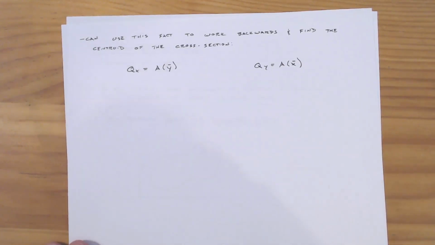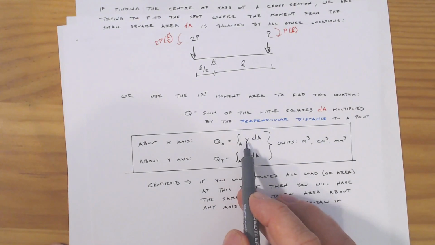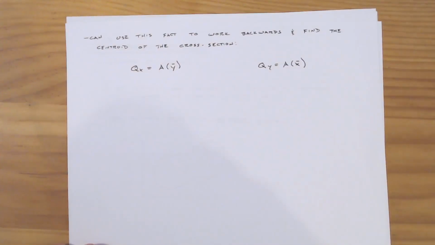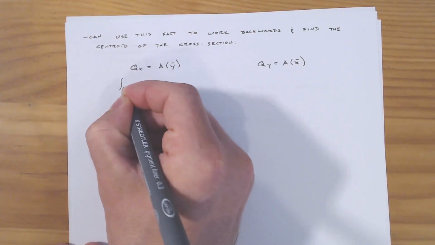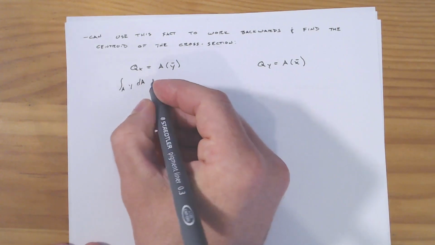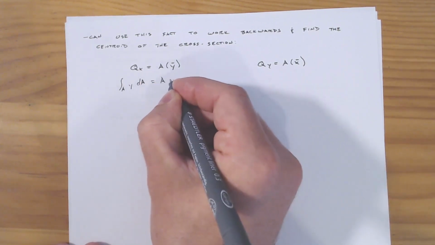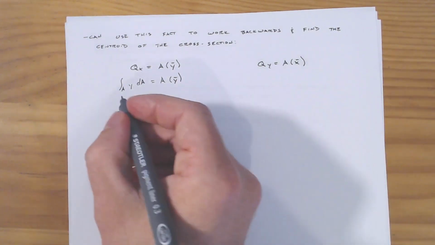So if Qx equals the integral of y dA, we will have the integral of y dA equals the total area times its centroid, y bar.